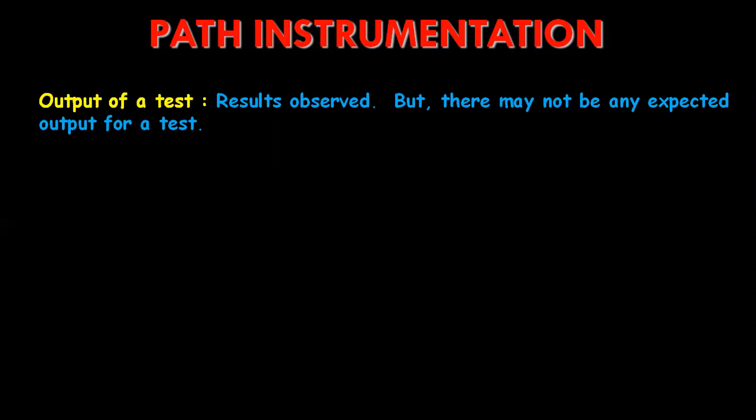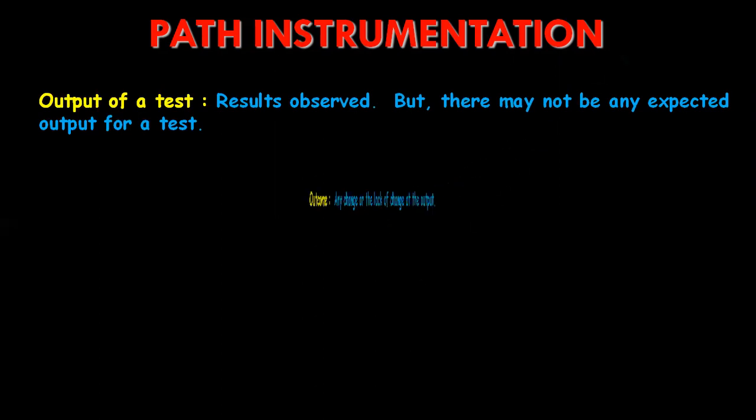What is path instrumentation? Path instrumentation is what we have to do to confirm the outcome that is being achieved by the intended path. Here it will have the output of a test, which are the results that are being observed, but they may or may not be any expected outputs for that particular test.